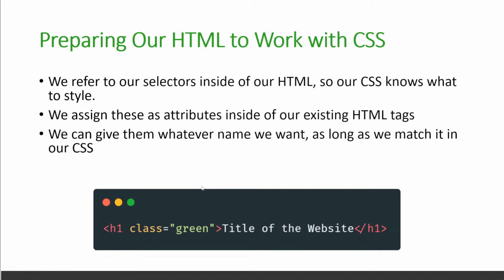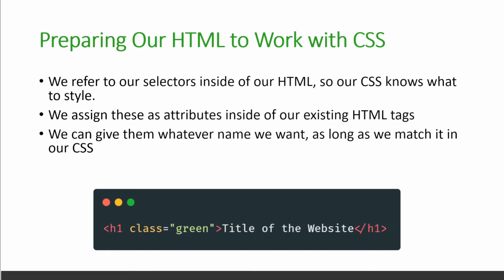And so I have a class attribute and I also have an ID attribute. And this allows me to increase specificity. Right? In CSS, we work with something called specificity. And different levels of specificity allow me to address specific things differently.